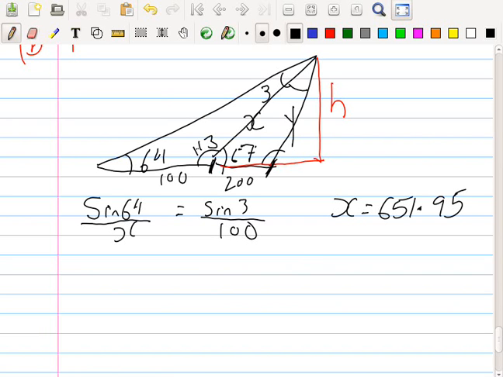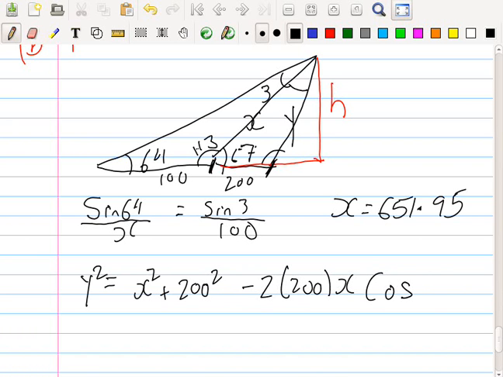I'll use the cosine rule because I have a length and an angle. So cosine rule, y squared equals, who can tell me this? x squared plus 200 squared minus twice 200 x cos 67.